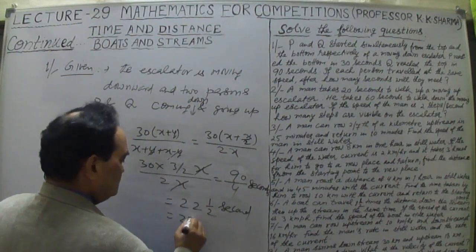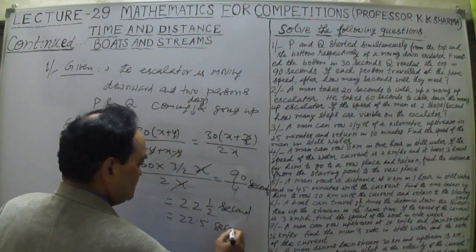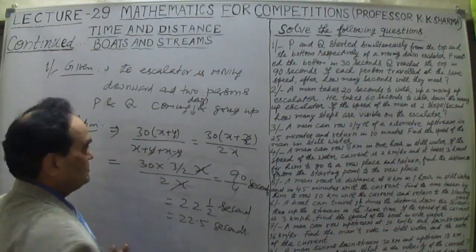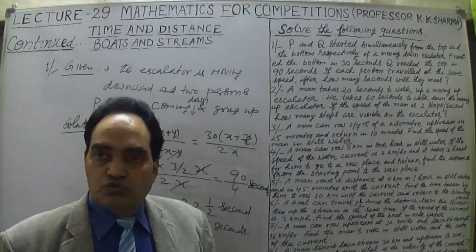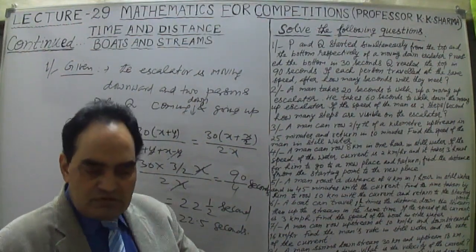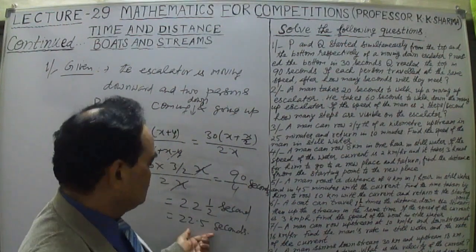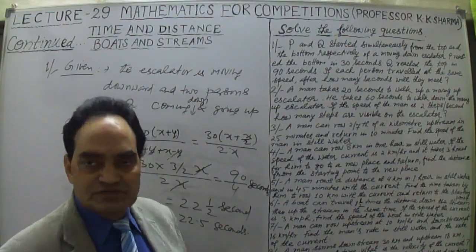Or we can write 22.5 seconds. This is the time taken by them to meet each other in between the steps. Okay, 22 and a half seconds.